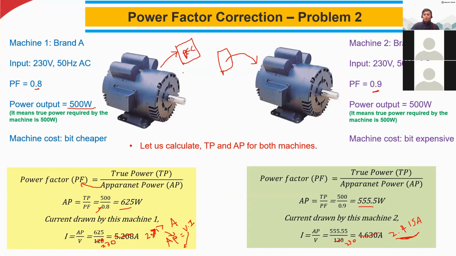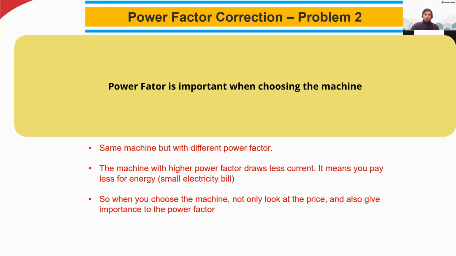So this is not really a good solution. It's better to use the machine with a higher power factor. Okay, so same machine, but with a different power factor. The machine with the higher power factor draws less current. That is the conclusion. It means you pay less for energy. So you have to choose the power factor as close to 1 as possible.